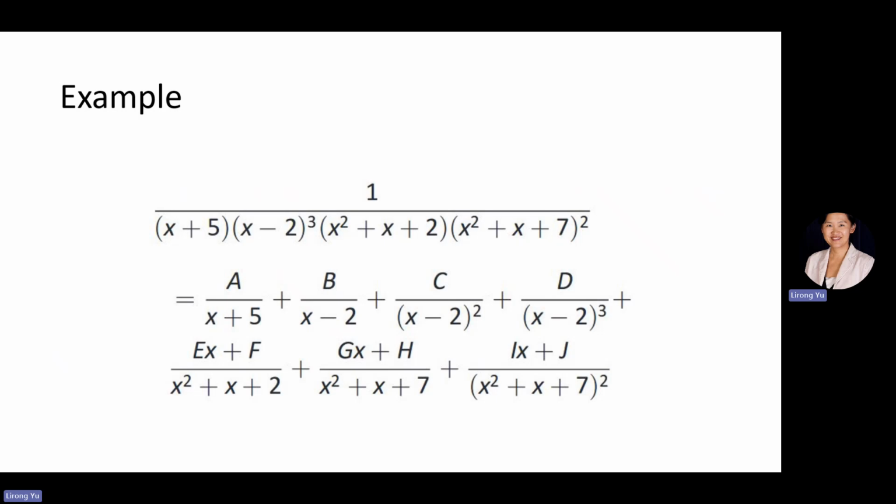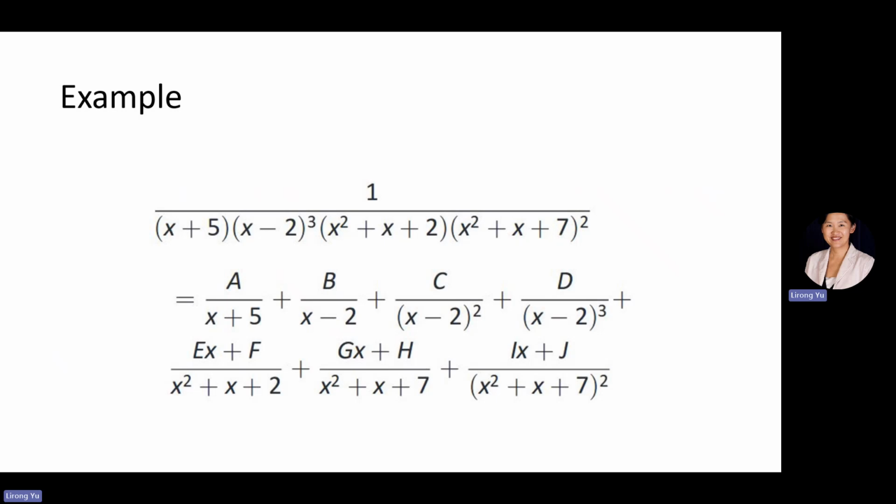So this is not the answer, but it's the beginning of the answer when you are trying to decompose this. Whenever you have that, you want to rewrite it into several smaller fractions based on the factors of the denominator. We know after it's decomposed, it will look like this. But there's a little problem here.